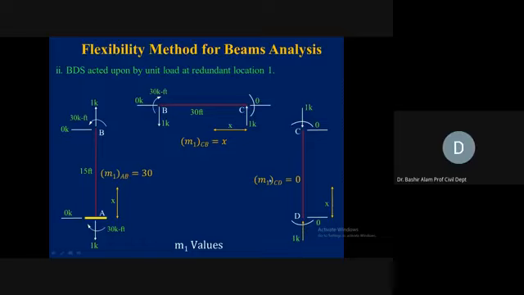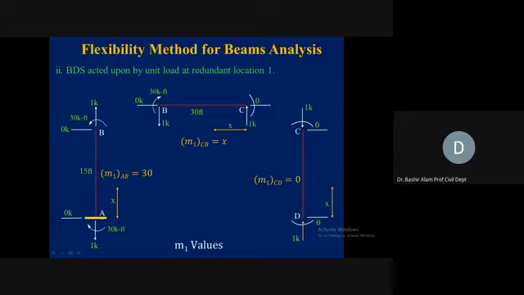Again, let's ignore all these member designations and start moving from support A. We need to find the support reactions. This is the only external action applied, 1 kip, and it will be resisted by support A. Summation of Fy: it is 1 kip upward, so 1 kip in the downward direction.